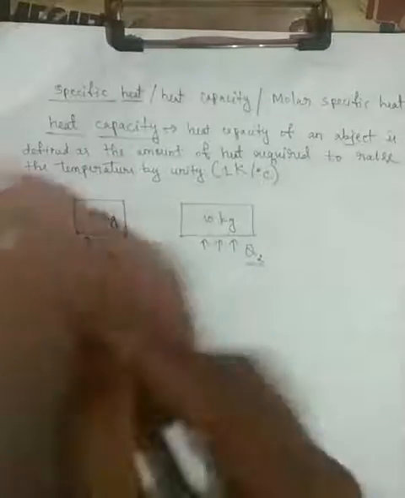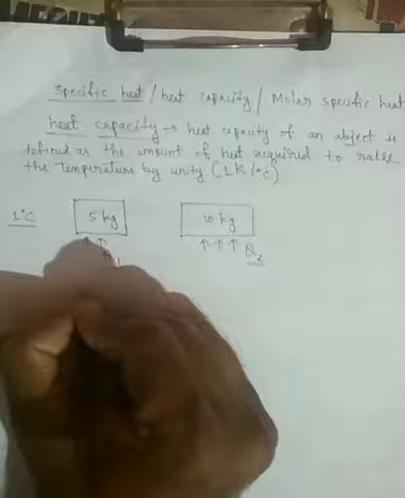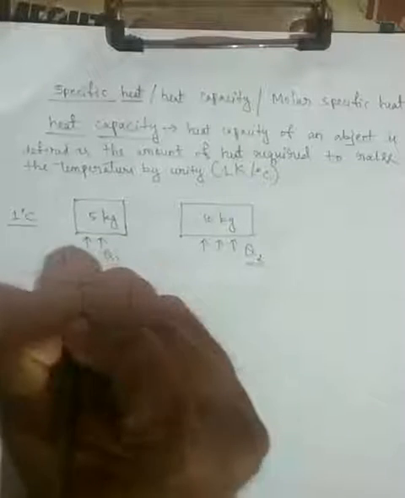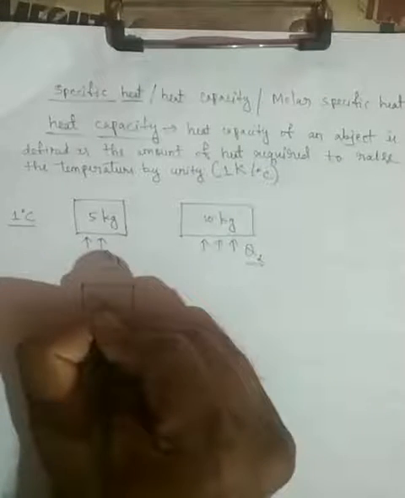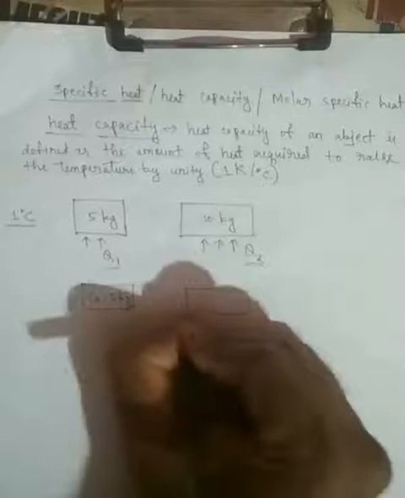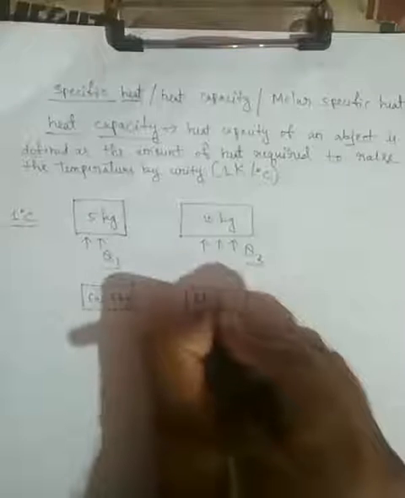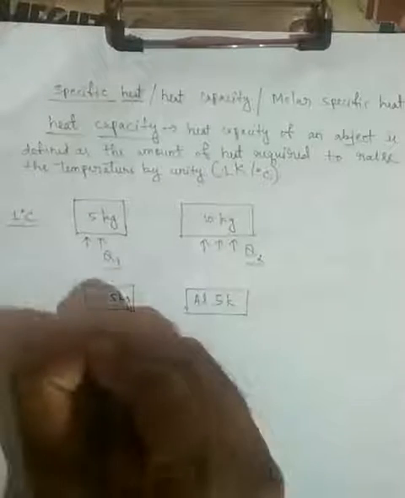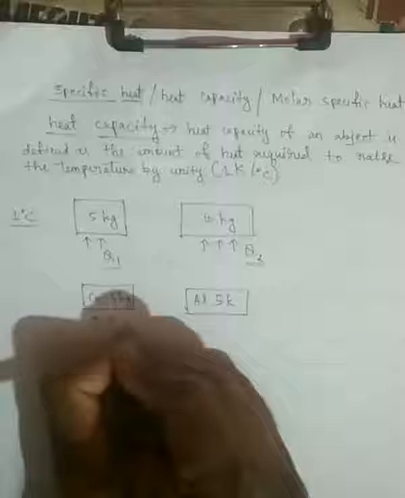If I take a different material, let us take copper 5 kg, aluminium 5 kg. Here also let us supply heat.